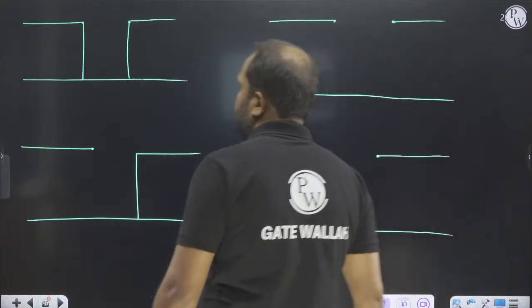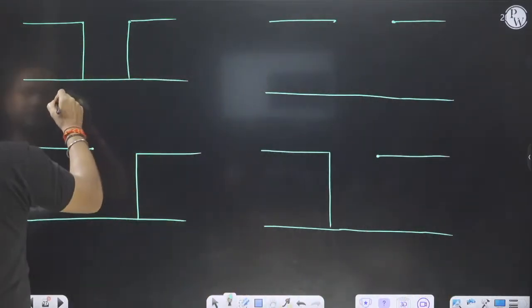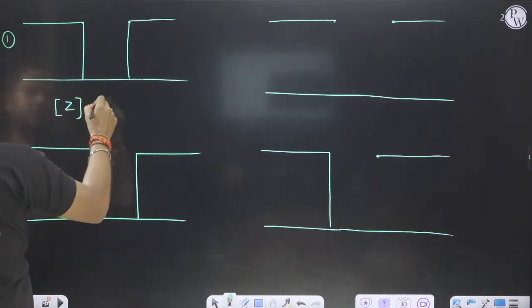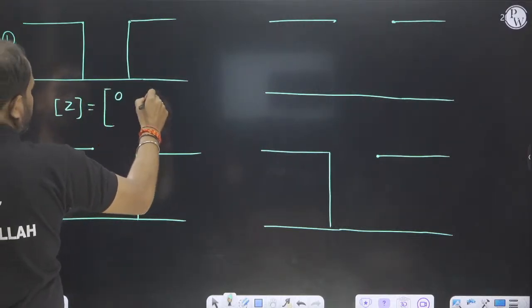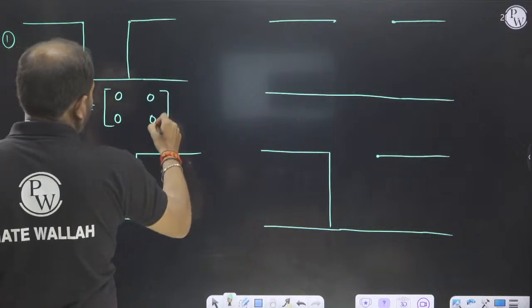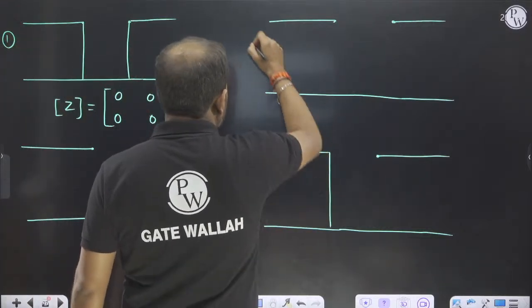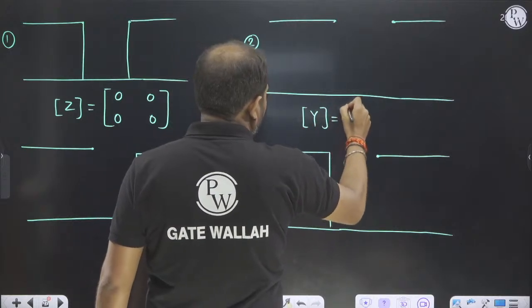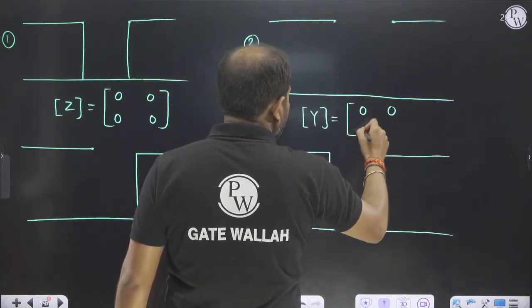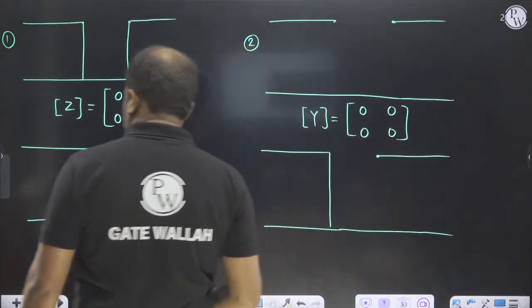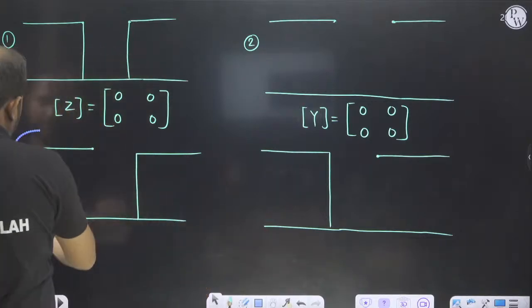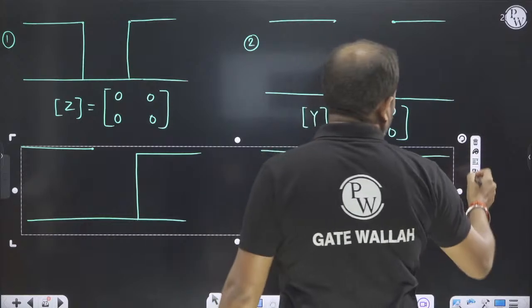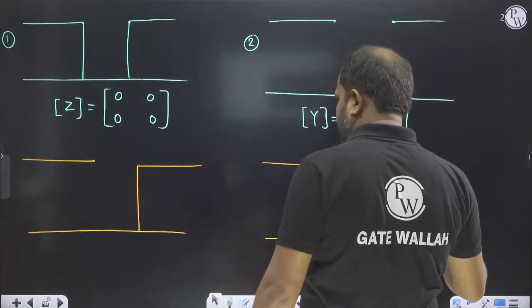So for the first one, the Z parameter is defined, series. Second one, the Y parameter is defined, parallel. Third one is for which parameter? Third one is the G and H parameter.